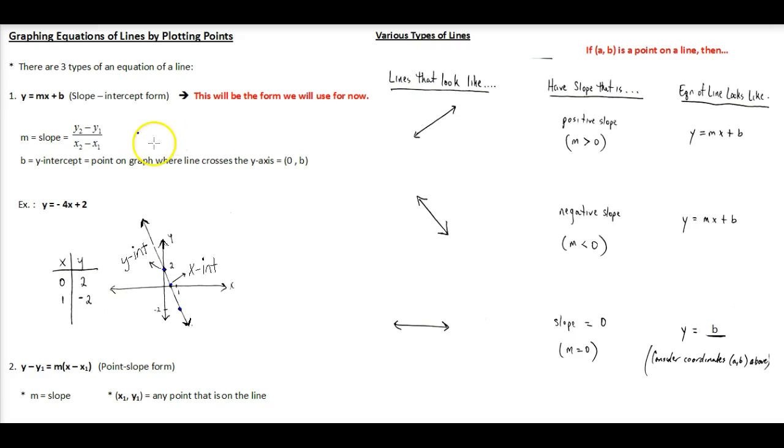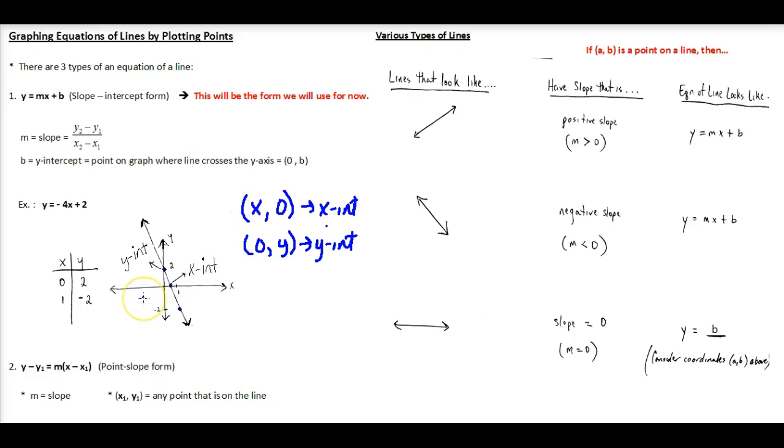So in short, x-intercepts always look like this, and y-intercepts always look like this. Where we find the y-intercept, we always let x equal 0. If we find the x-intercept, we let y equal 0.